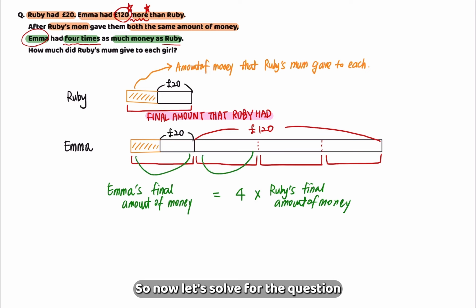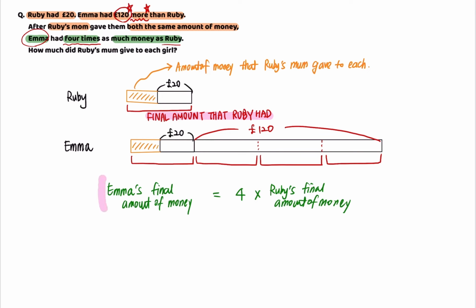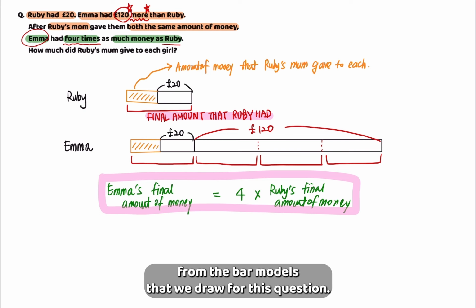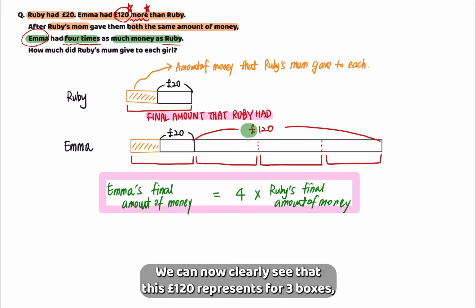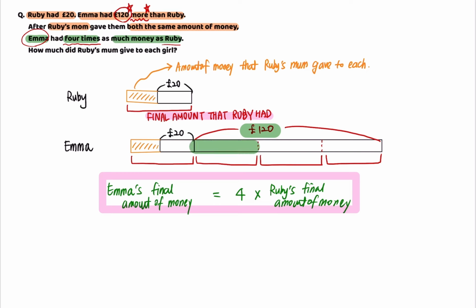So now let's solve the question. From the bar models that we drew for this question, we can now clearly see that this 120 pounds represents 3 boxes, 1, 2, and 3.